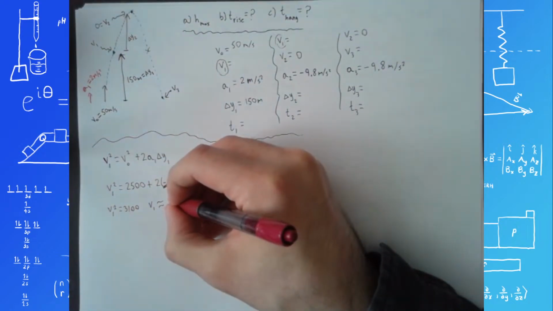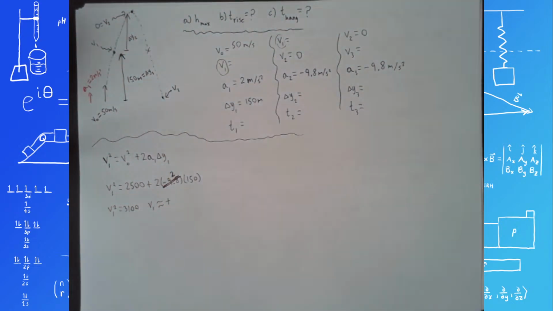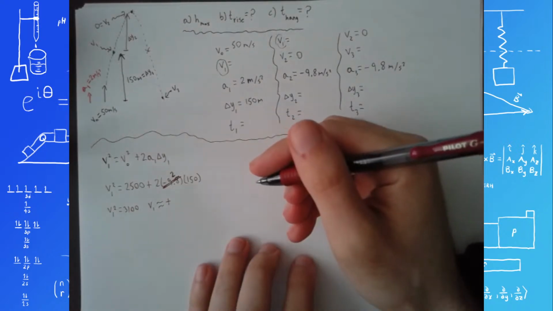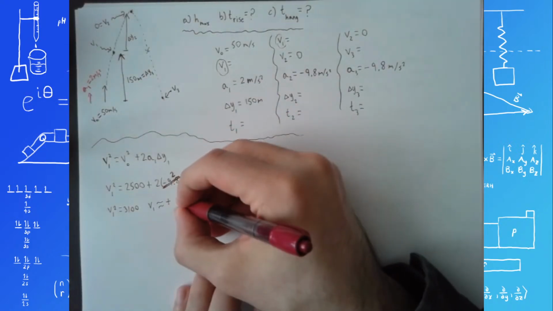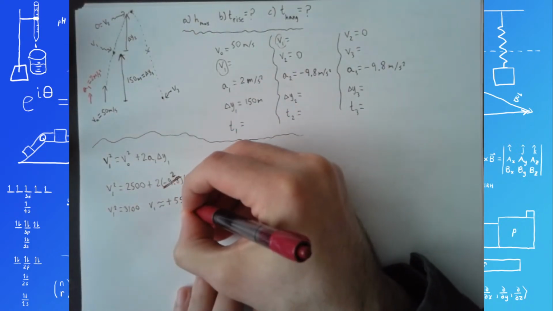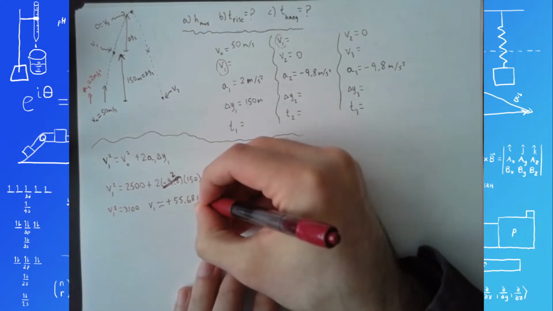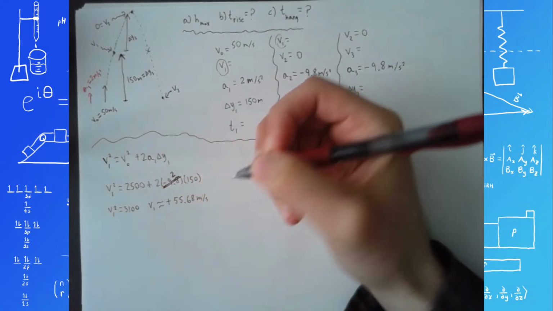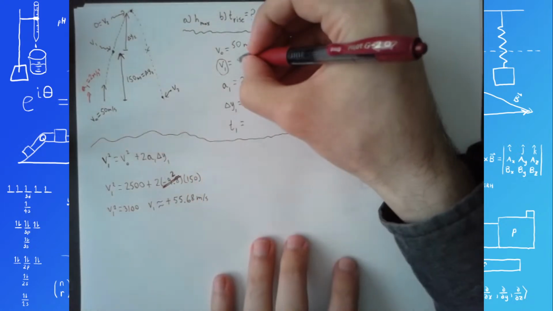So I would take the positive square root of 3100, which gives me about 55.68. If I round it, 55.677 rounds to 55.68 meters per second. Okay, let's fill that in.